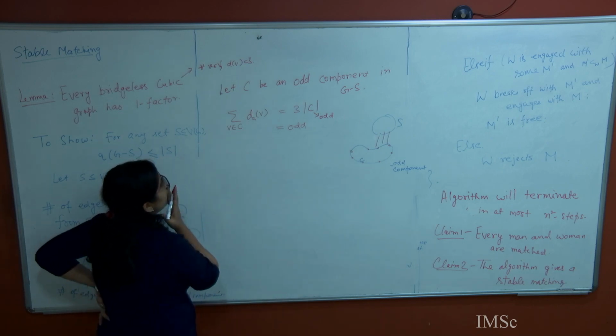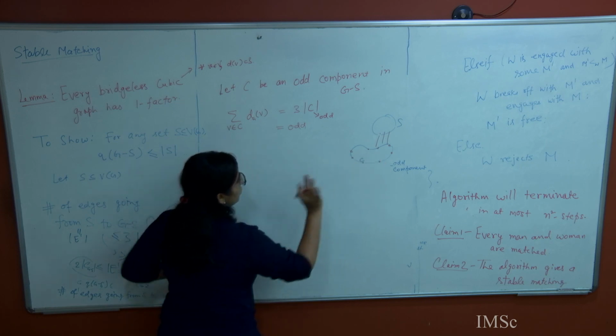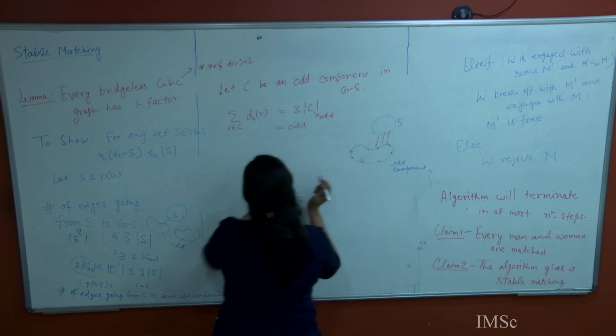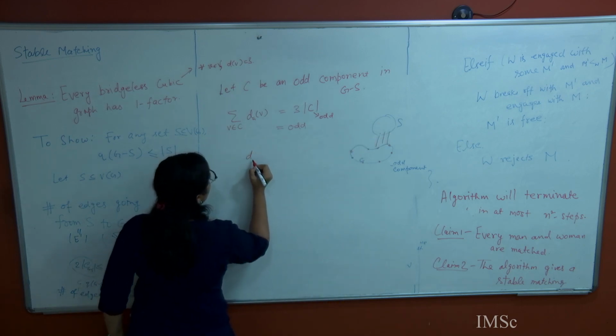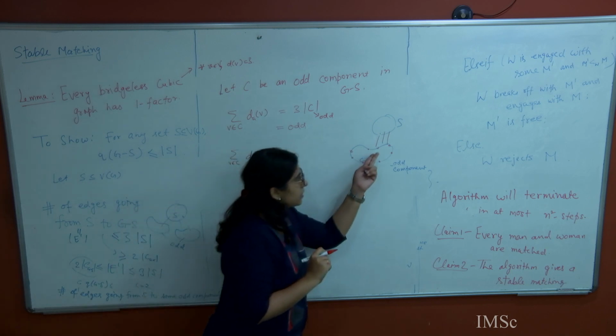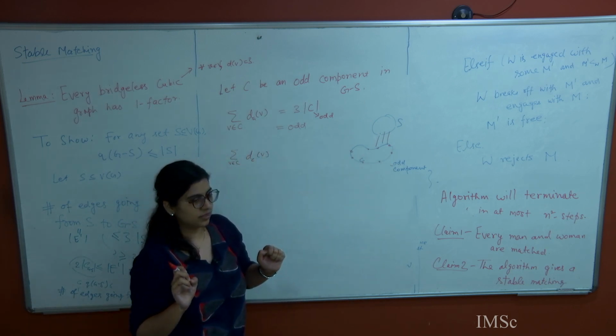So what do we want to look at? The degree sum inside C. Suppose we don't have these edges, we have this component only. Inside this component, look at the degree of each vertex in C. Now there are some vertices which have degree not equal to 3.